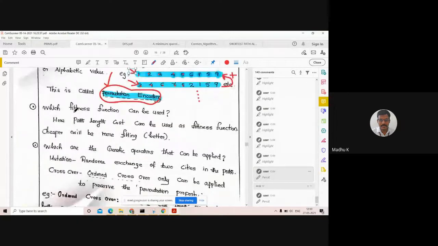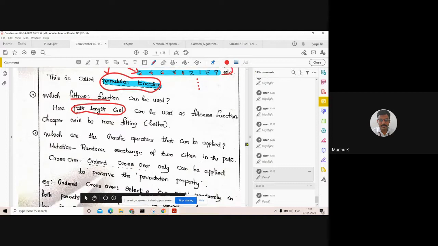Next, which fitness function is used? Here the path length cost can be used as the fitness function. A lower path length cost will always be better, so I can use this as the fitness function. The third issue is which genetic operators can be applied.